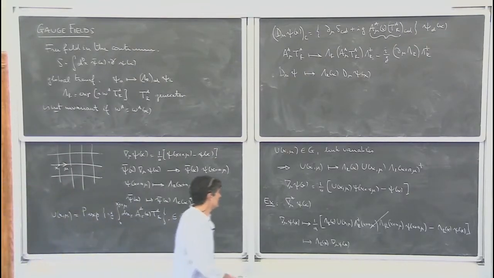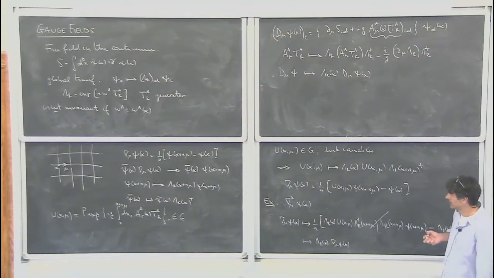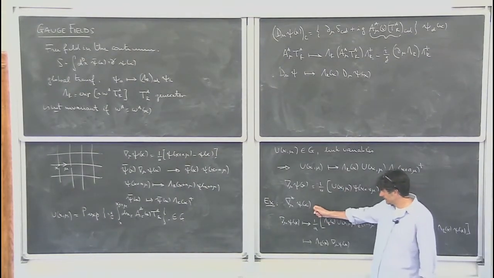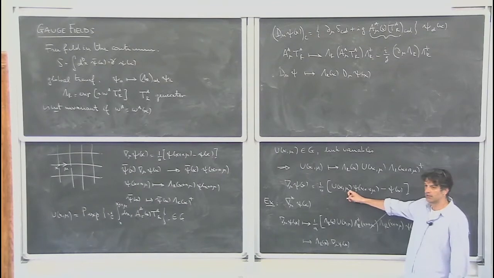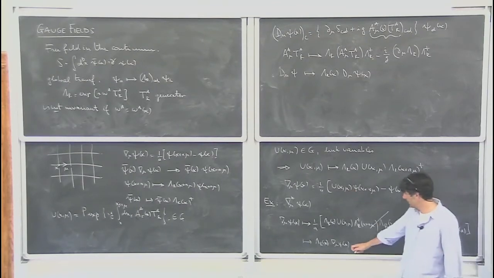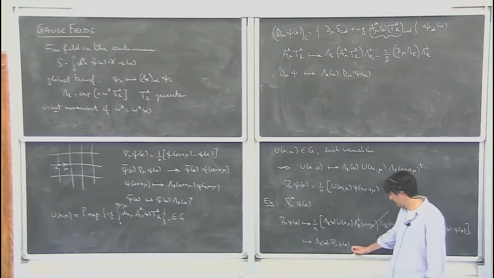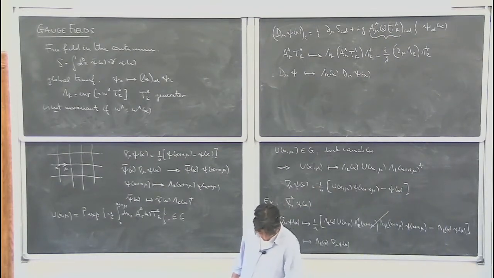So as an exercise, try to find out an expression for the backward derivative. Okay? You will need, again, a factor of U in the appropriate place in such a way that the backward derivative also transforms covariantly.